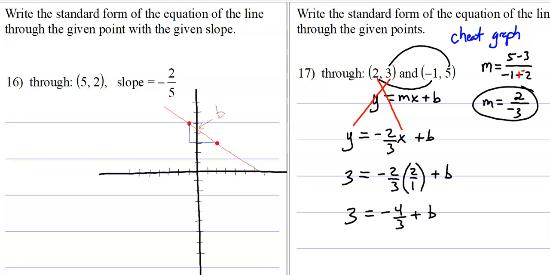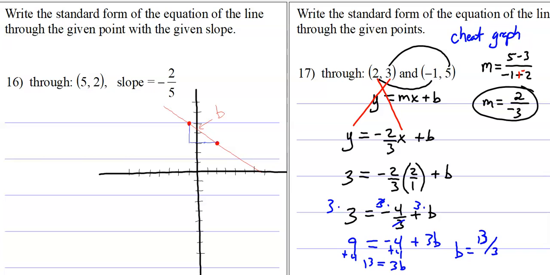Maybe I'll just show you that. Let's just get rid of that fraction for the moment and solve it. So that's 9 equals a -4 plus 3b. Add 4. So we have 3b equals 13, divide. So it looks like b equals 13 over 3.